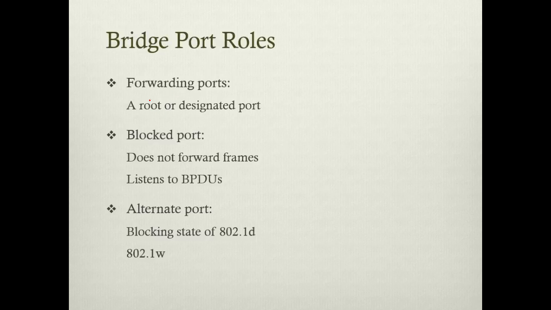Forwarding ports are a root or designated port. A block port does not forward frames, but it listens to the BPDUs, the Bridge Protocol Data Units. That's so that if we have a change, it can determine, am I needed? And if it's needed, then it will go from a block state to a forwarding state.